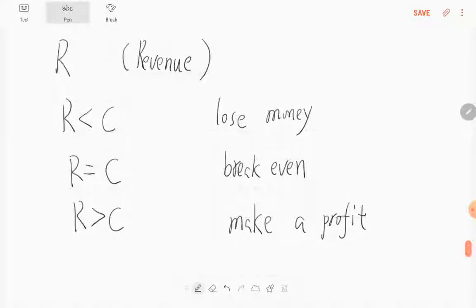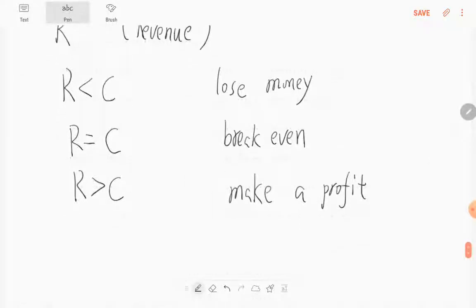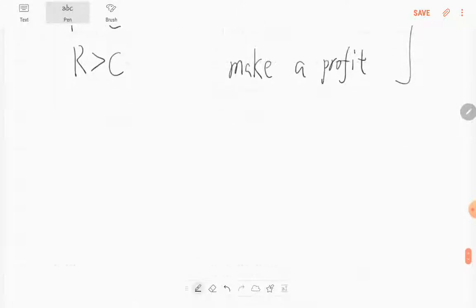So we use another function, which is called the profit function, to describe these terminologies again. The profit function is denoted by capital P, which is equal to the revenue R minus the cost.